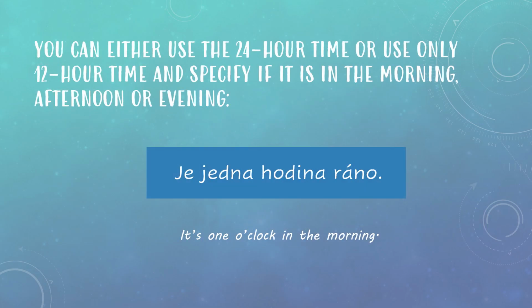You can either use the 24-hour time system or use only 12 hours and specify if it's in the morning, afternoon or evening. For example, je 1 hodina ráno. It's 1 o'clock in the morning. Let's look at some more examples.